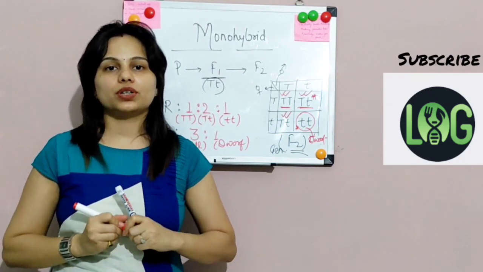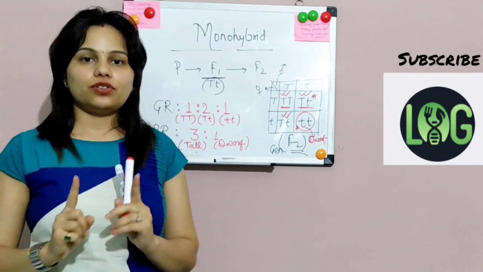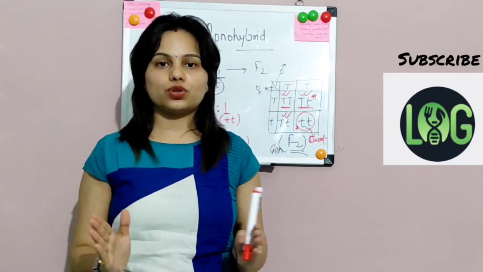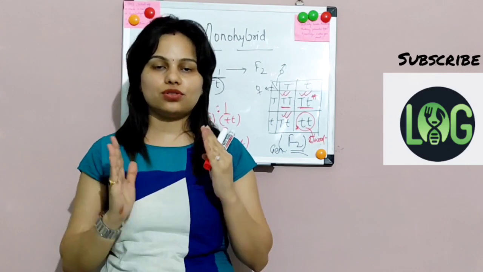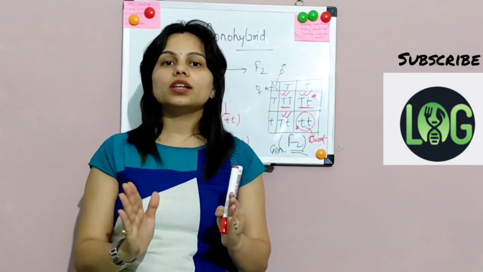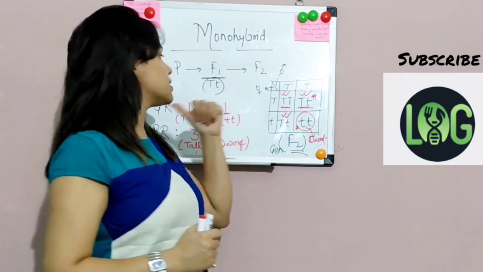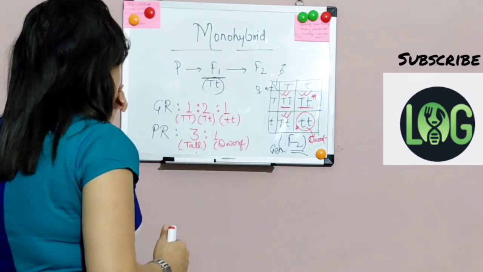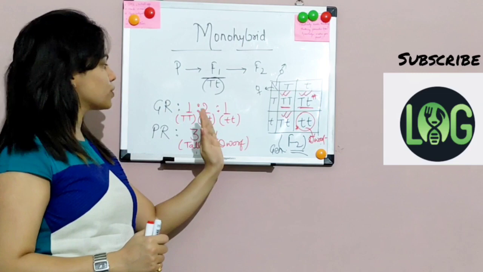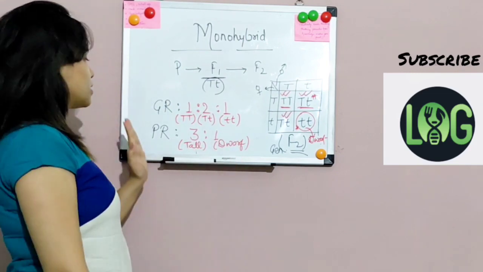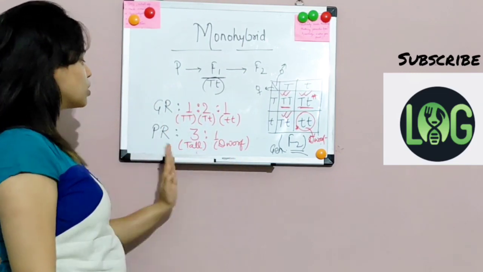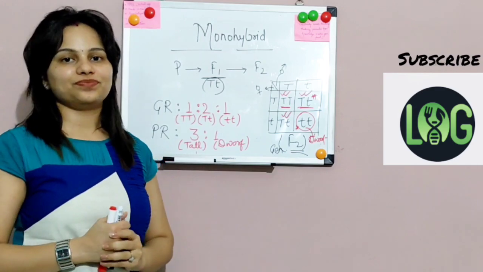So in the monohybrid cross, in the F1 generation, all progenies have capital T small t as genotype and tallness as their phenotype. Whereas in the F2 generation, the scenario is different: it has 1:2:1 as the genotypic ratio and 3:1 as the phenotypic ratio.